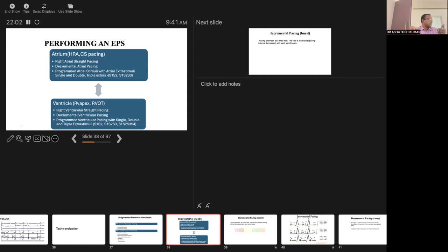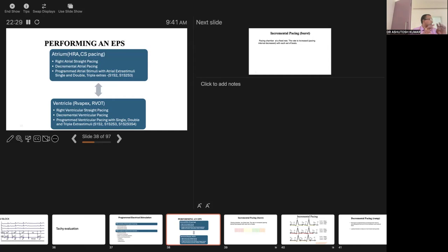Again the same: incremental, decremental, extras. If no tachycardia, change the cycle length. First you have given at 600, now go to 400. Same extras on the apex, then again to the apex. So 4 protocols you have to complete, apex and RV. After that, you give isoprenaline and then repeat it.